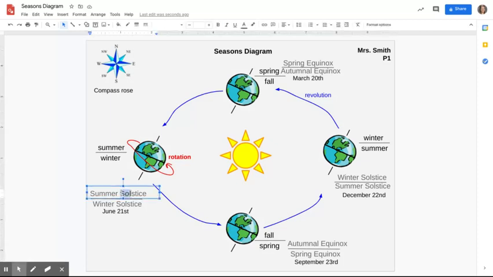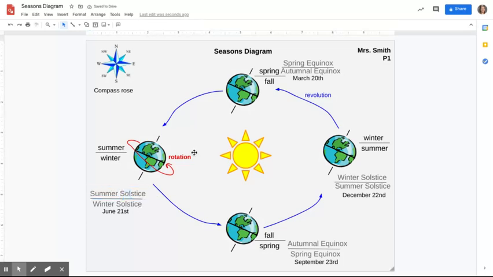We are looking at the sun to see how much sun there is. It's either the longest day for summer or the shortest day for winter. But a rotation still takes 24 hours. So we're just looking at how the daylight actually changes. For the equinox, equal night, equinox, equal night. And then again, our solstice, we're looking at how much sun there is.